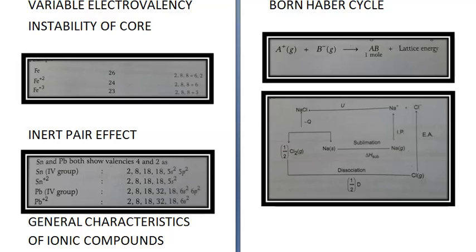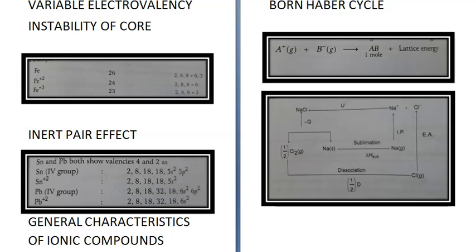Hence, NaCl, MgSO4, etc., are soluble in water, but calcium fluoride, lead chloride, barium sulfate, etc., are insoluble in water because their lattice energy is high and solvation or hydration enthalpy is small.